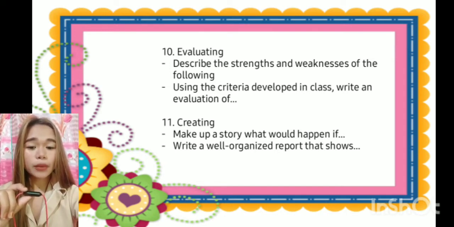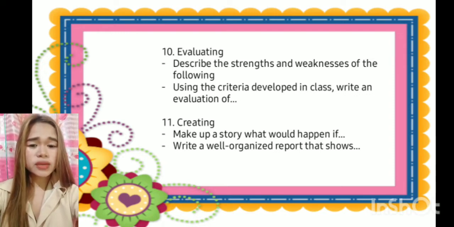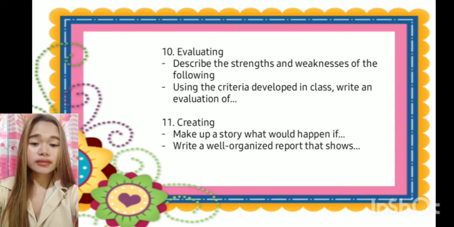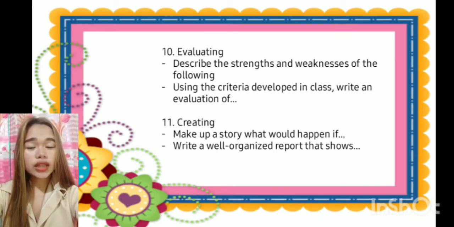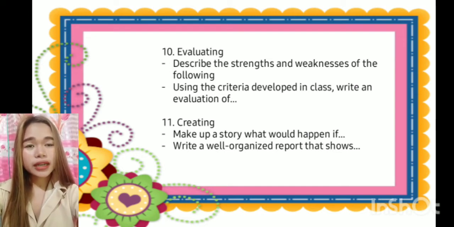Another example is write your evaluations of your mango plant. So in this question, of course, you must observe your mango plants in order for you to write your evaluations on it, like what we did in our agri-fishery subject, right? We were tasked to write evaluations in an essay form of our mango plants.